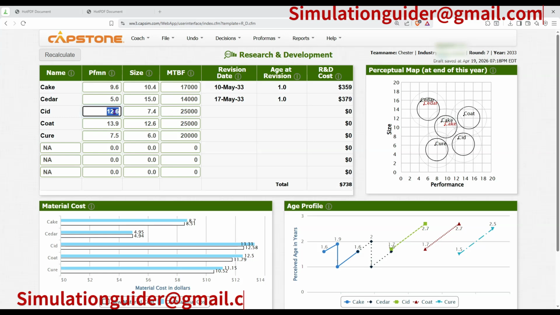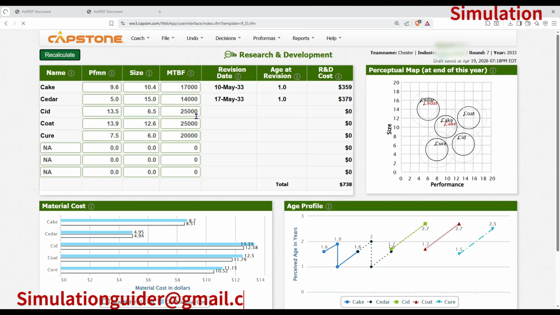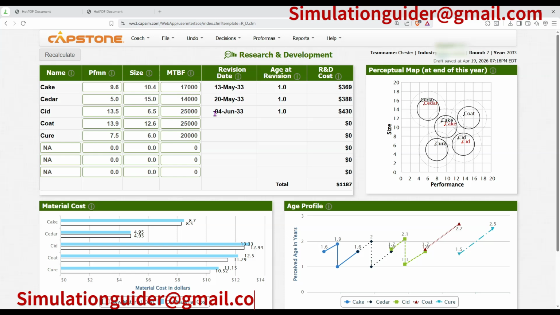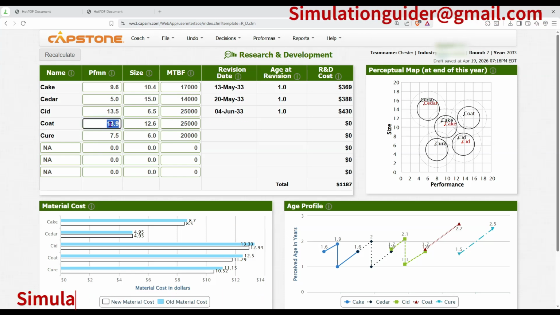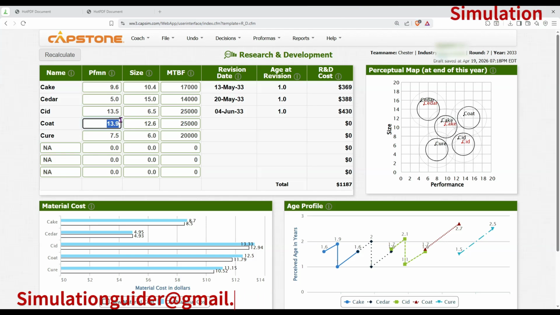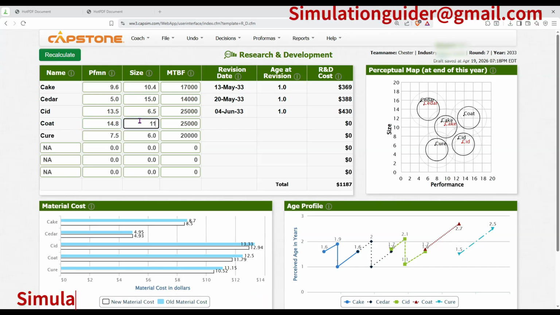Seed, I'll give it around 13.5 and 6.5. After recalculating again, you can see that our revision date is around 4th of June 2033. Next, which is quote, we shall give it around 14.8 for the performance and 11.7 for the size.